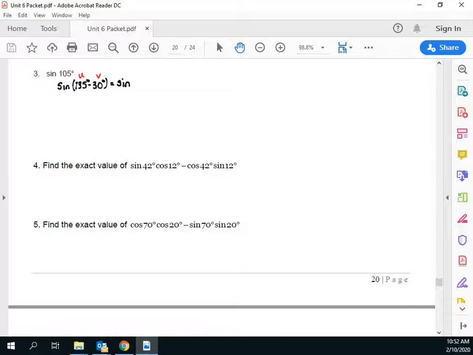Sine of u, cosine of v. Minus, what's the minus again? Cosine, sine?